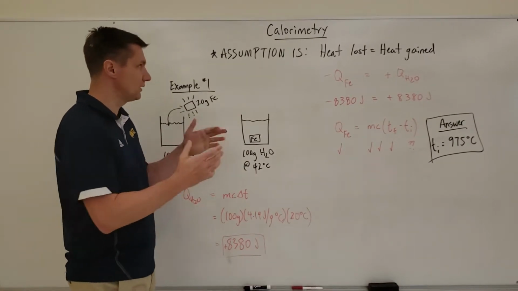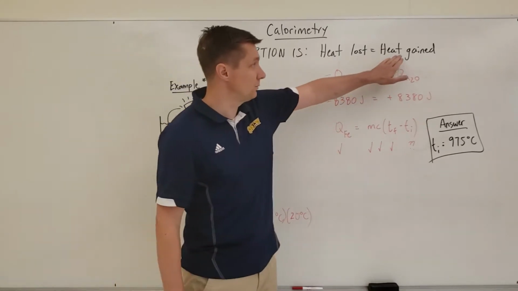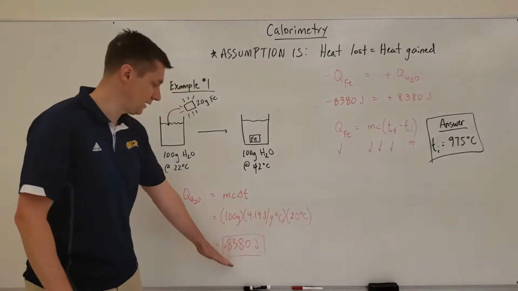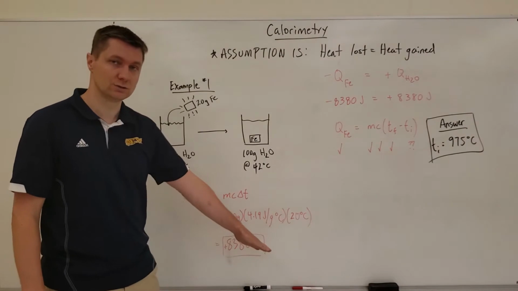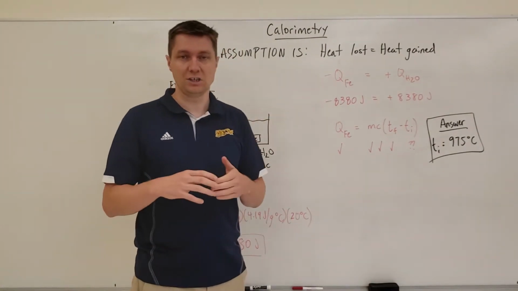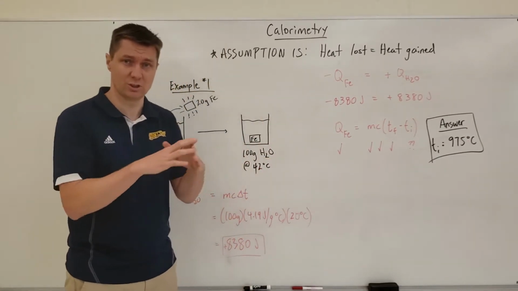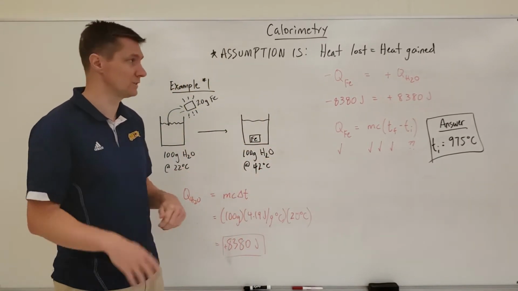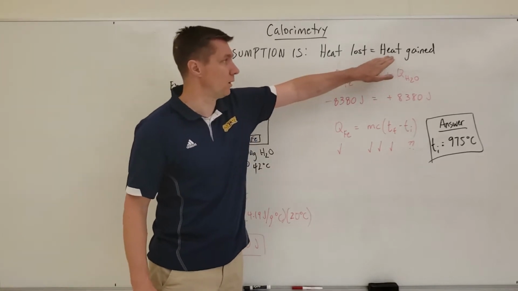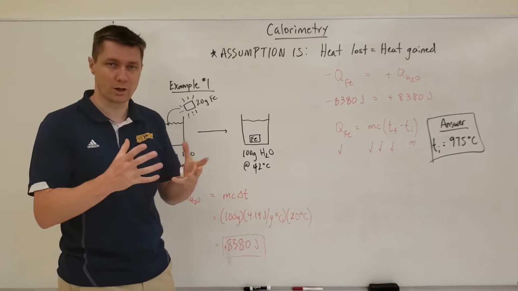So I plug that into my calculator and I get this number, 8,380 joules. Now, based on this concept of heat lost equals heat gained, if this is how much heat was gained by the water, 8,380 joules, then we also know that that is how much heat was lost by the iron. This is our base assumption, that the heat gained by the water is going to equal the amount of heat that was lost by the iron block.